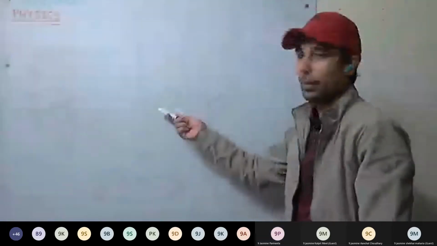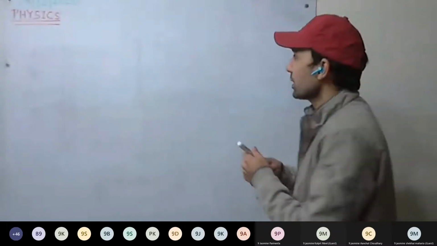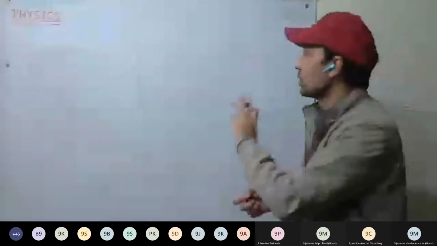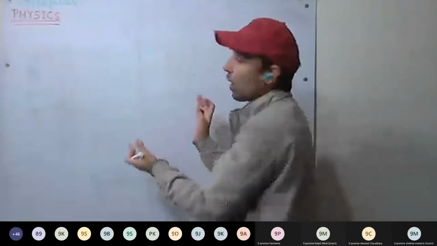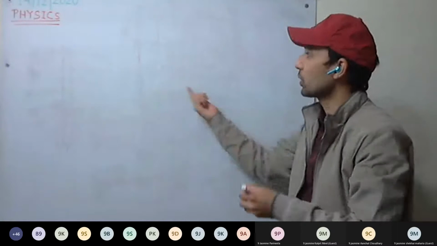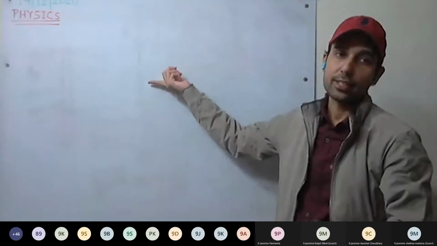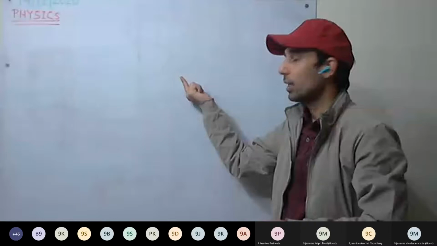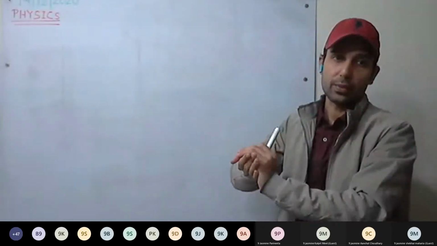The more matter in the body, the more the mass. So mass means how much matter is there: how many molecules are there, what is the mass of each molecule, and what kind of molecules are in that matter.